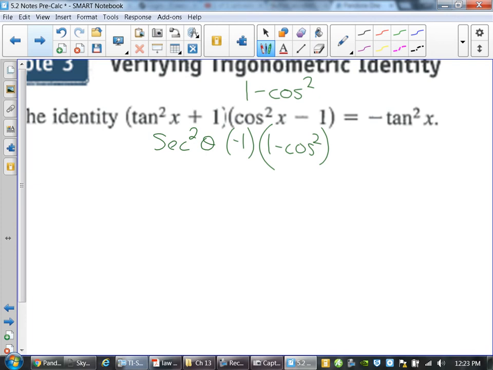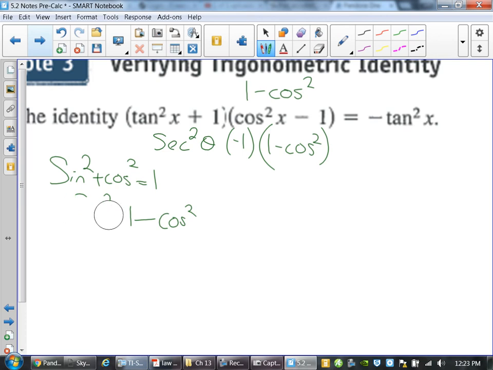Because the identity is sine squared plus cosine squared is 1, so sine squared is 1 minus cosine squared. Since this is reversed, if you take out a -1, it changes the signs. That's how that one works.